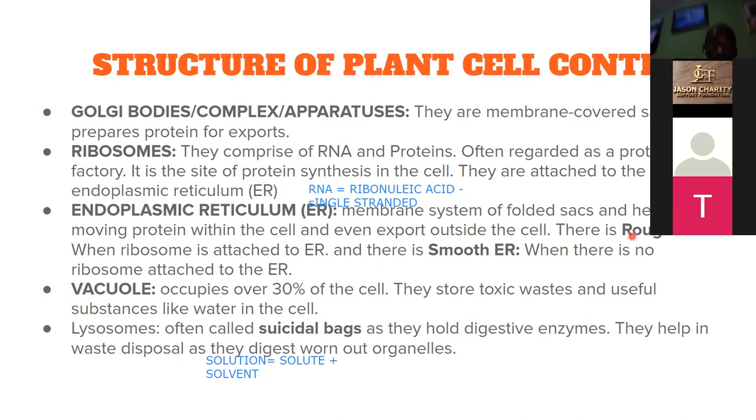That's the major function of the endoplasmic reticulum, while the Golgi apparatus enables proteins for export. Endoplasmic reticulum can also export proteins outside the cell, but I don't want you to confuse it with the Golgi apparatus. The main function of the Golgi apparatus is to prepare the proteins for export.